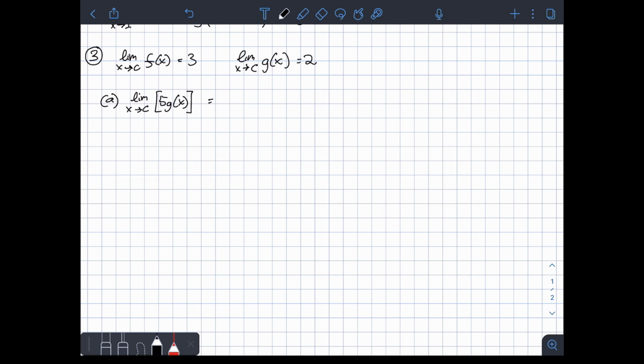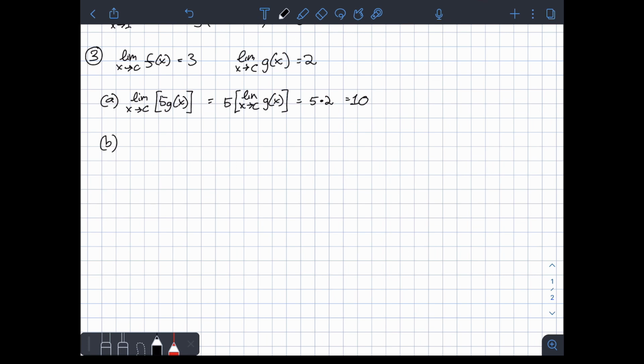So that's equal to 5 times the limit as x approaches c of g of x. And we already have that before, that was one of the givens. What that limit is, it's 2, as you can see above. So it's equal to 5 times 2, which is equal to 10. So that's the constant multiple rule.